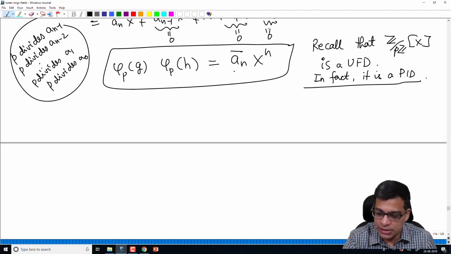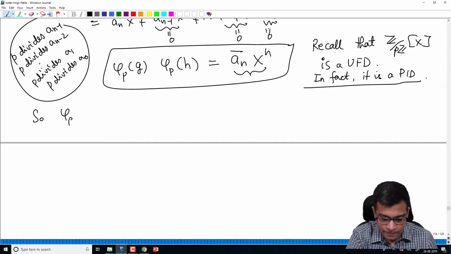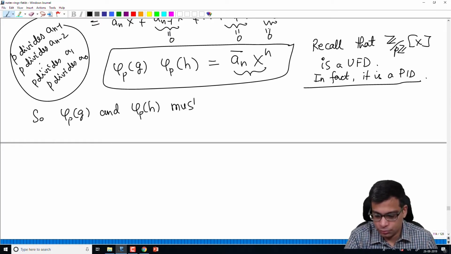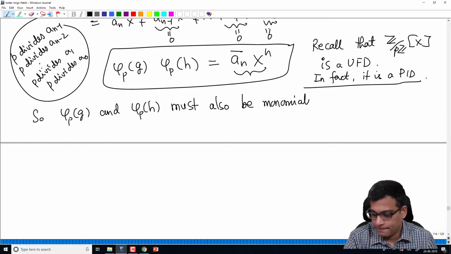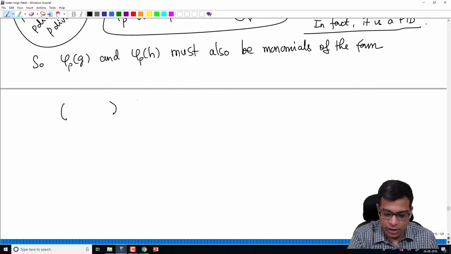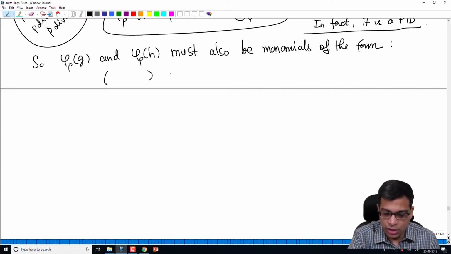So this is, remember, a single monomial. So phi p G and phi p H must also be monomials of the form. So what can it be? You have some polynomial times another polynomial, so you have the product of phi p G times phi p H is a_n bar x^n.